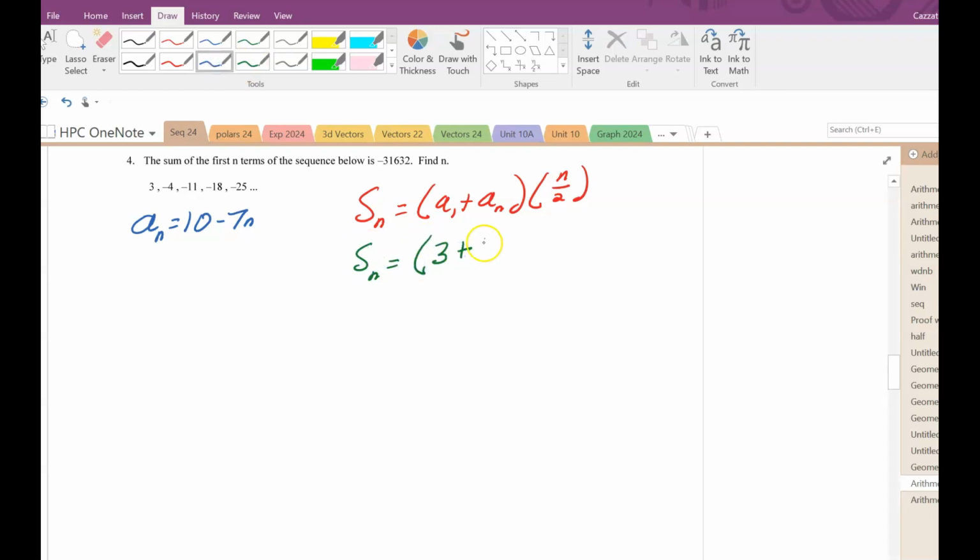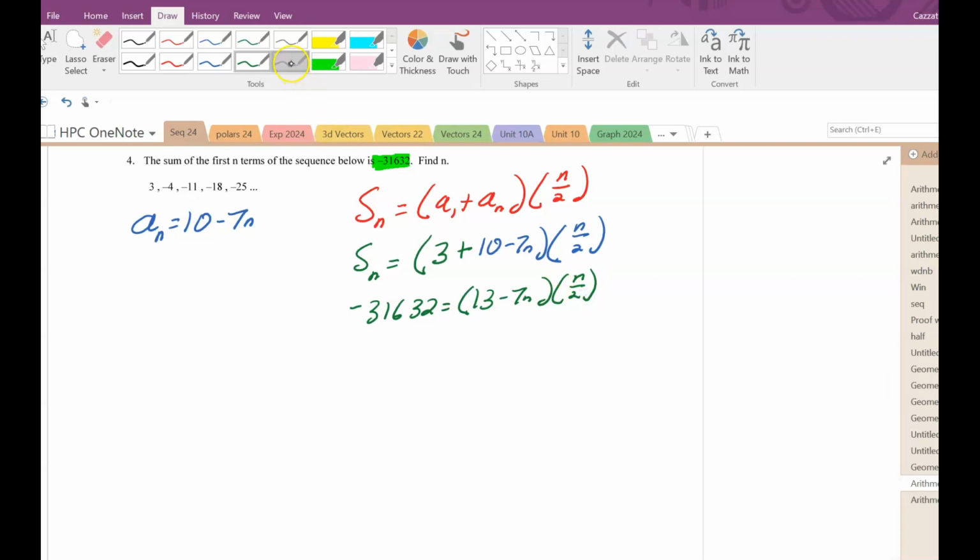A sub n is the formula we just calculated, and then that would be times n over 2. And we know, and I'm going to highlight this in green, that the sum is negative 31632. So I'm going to set that equal. Let me rewrite that. So negative 31,632 is going to be equal to (13 minus 7n) times n over 2.